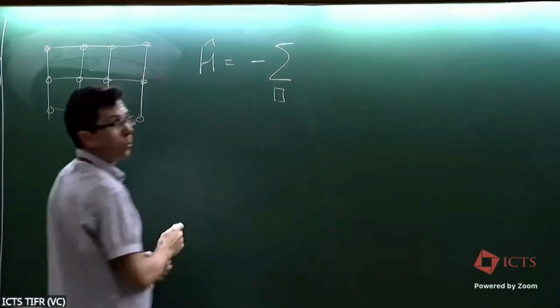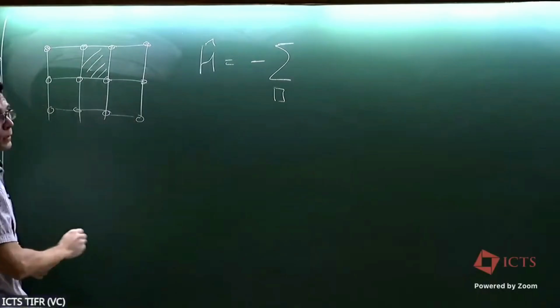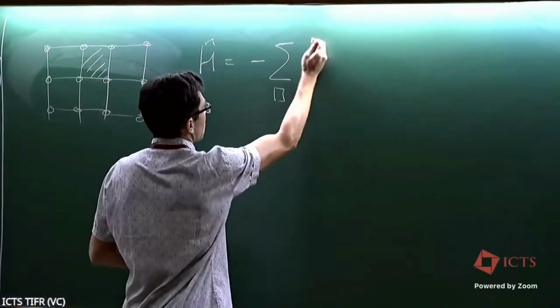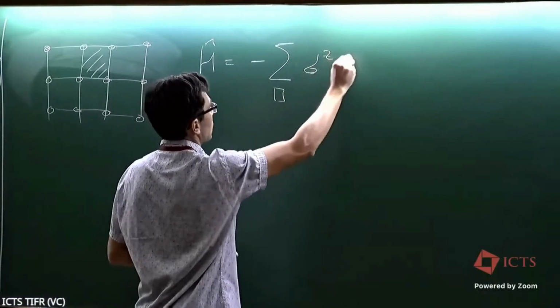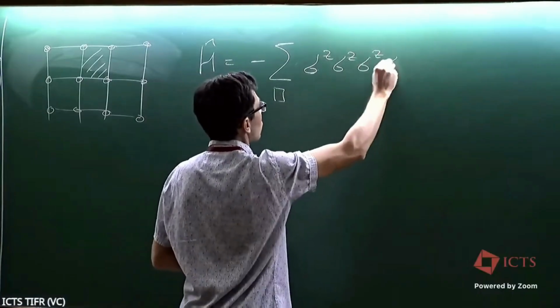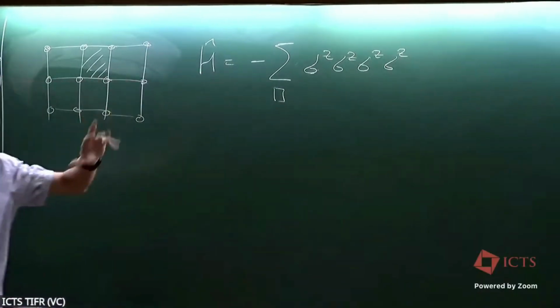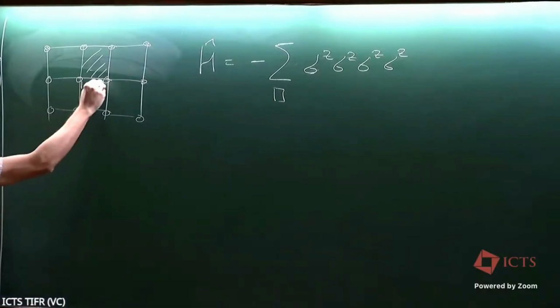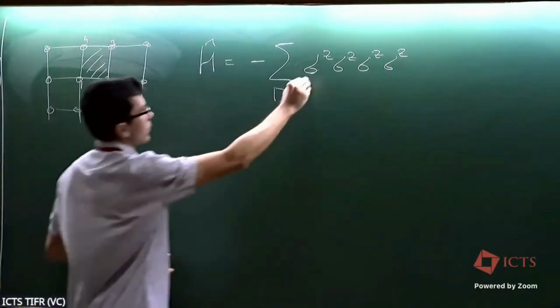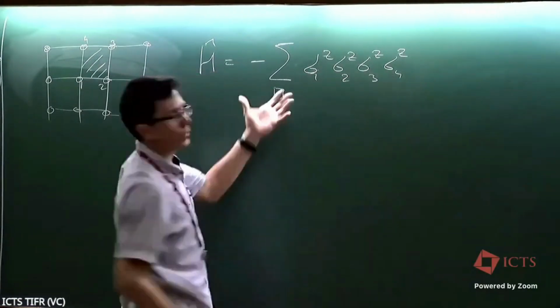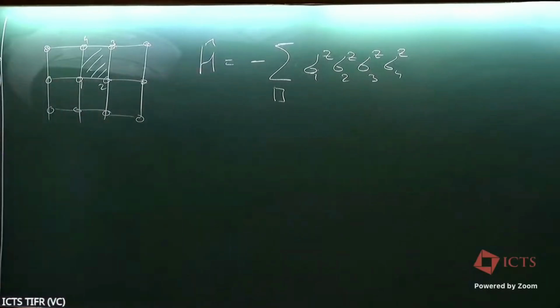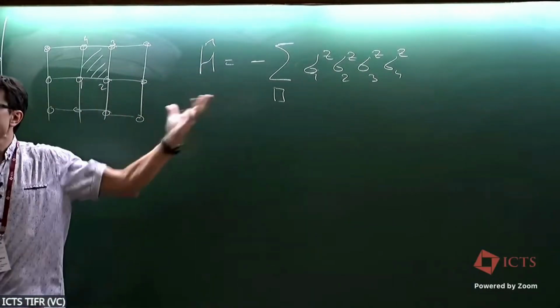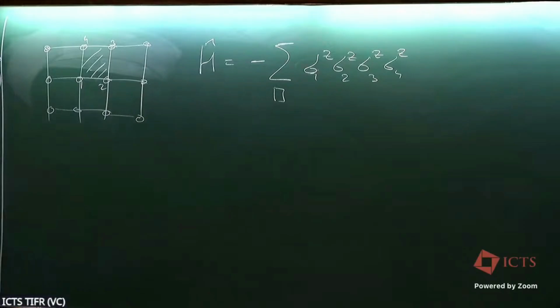It's a sum over plaquettes. Let's take this plaquette over here, where I take a product. I'm going to switch notation and call them sigma z throughout. And I'll swap the indices, but think of the sides 1, 2, 3, 4. You sum over all of this. This is sometimes called the Ising plaquette model, and you can see from here why it's called so. And this model has interesting properties.